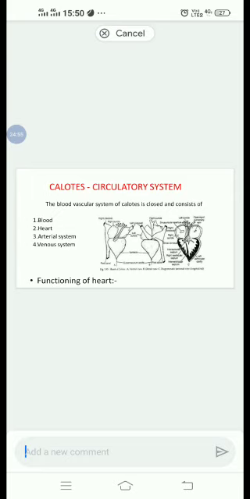Simultaneously, oxygenated blood and part of the mixed blood from the left side go into the systemic arches and are distributed to the body. The valves prevent backward flow of blood during contraction. This is the function of the heart.